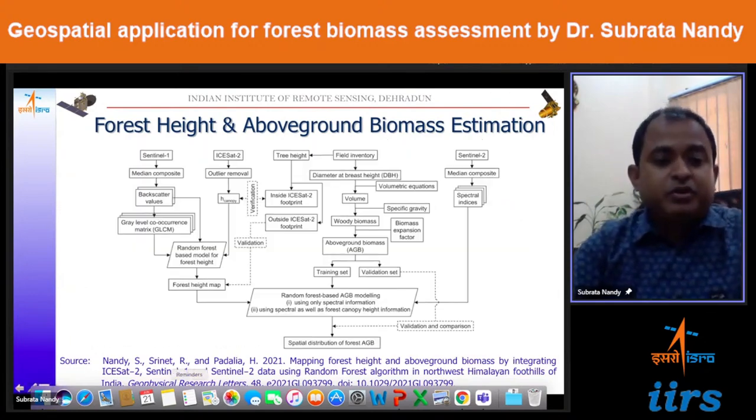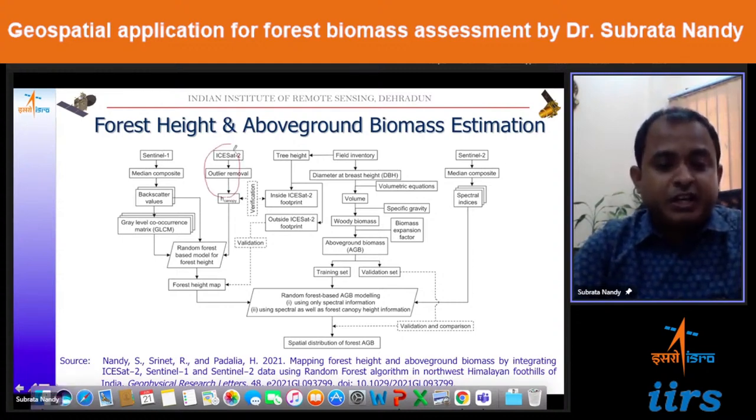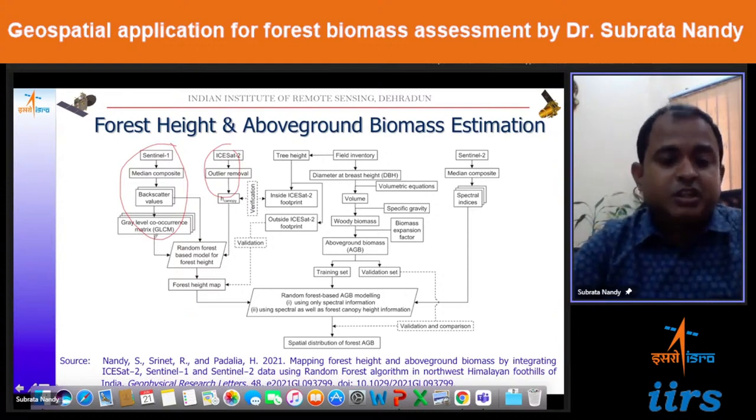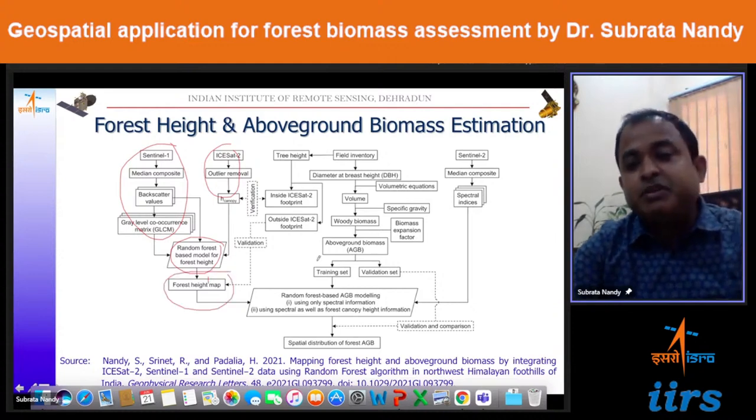In the methodology, the ICESat-2 data, which gives the height information, was integrated with Sentinel data derived variables like backscatter and texture information, and using random forest based modeling, we got the forest height map. Then we integrated this forest height map in biomass estimation.